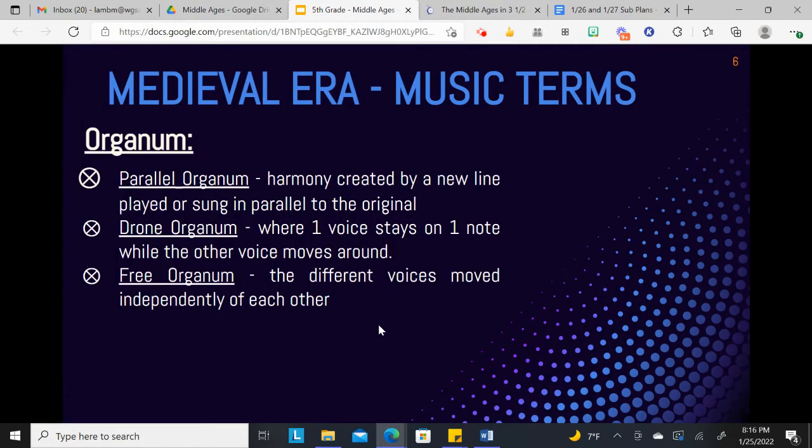The second type of organum is where one voice stays on one note while the other voice moves around. This is called a drone organum. The drone can be done with voices or it could be done with instruments. Here is an example.